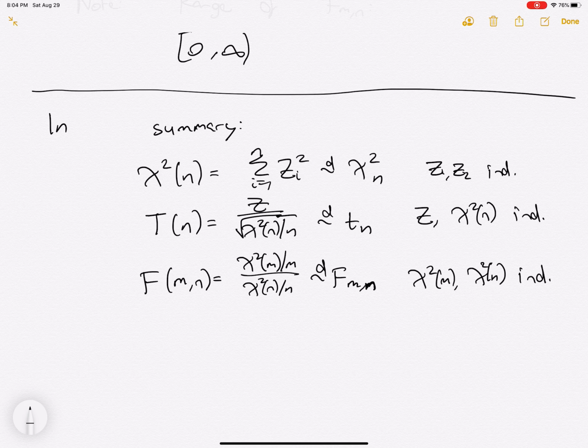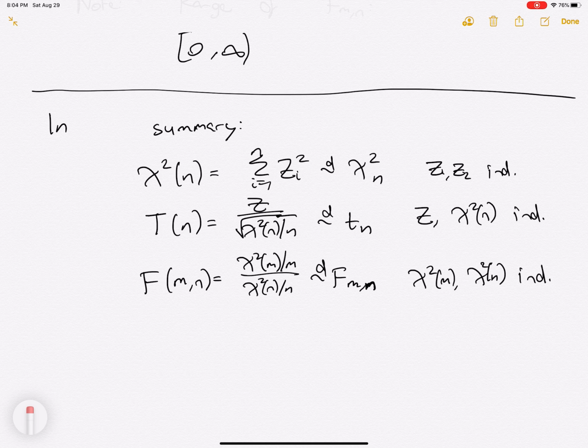So this is how we build up from the standard normals by squaring them and construct these three different sets of distributions. All of these are going to be very useful throughout this course.